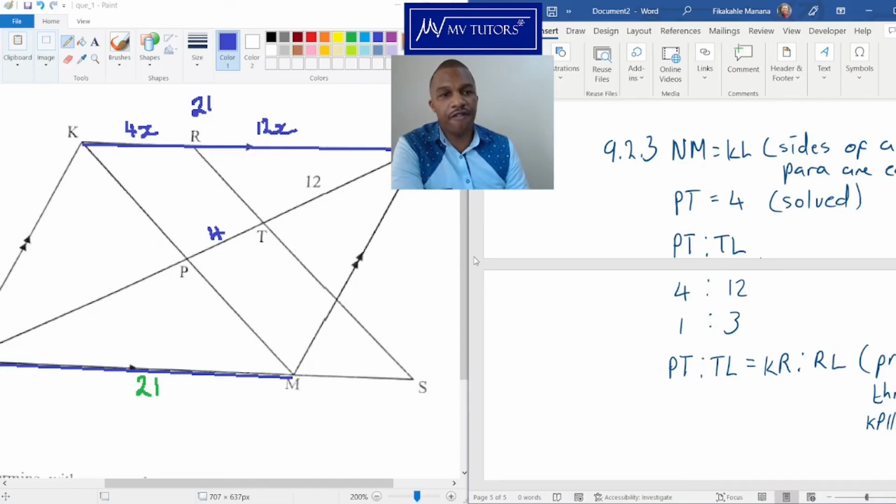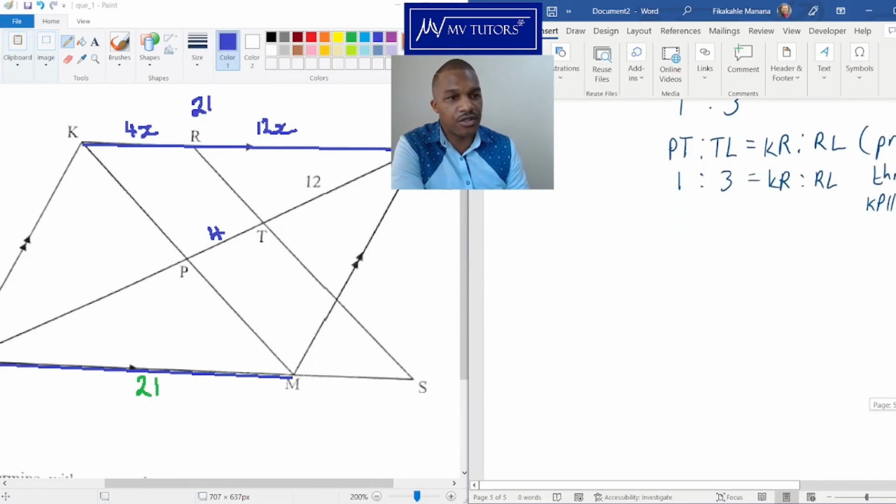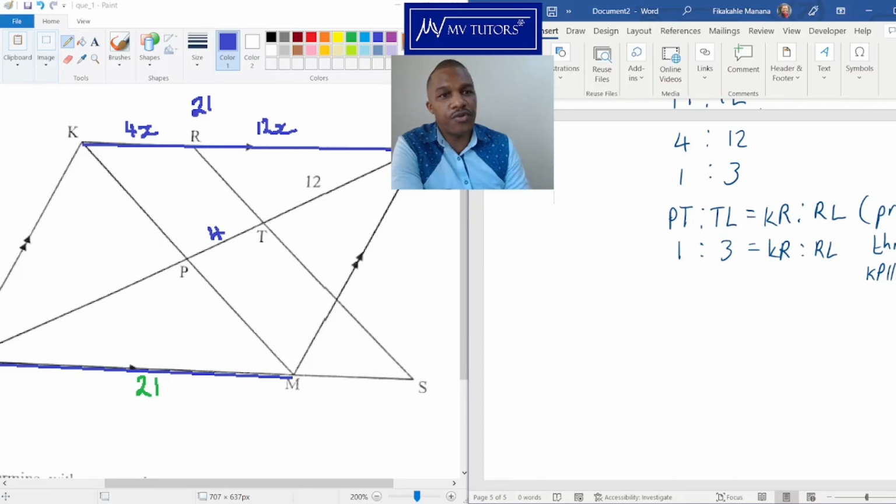So therefore I can say PT is a ratio of 1 is to 3 as proven, so that's equal to KR is to RL. Now if you know your mathematical gymnastics, you will know how to solve ratios, given a unit. So I'm gonna say 21.